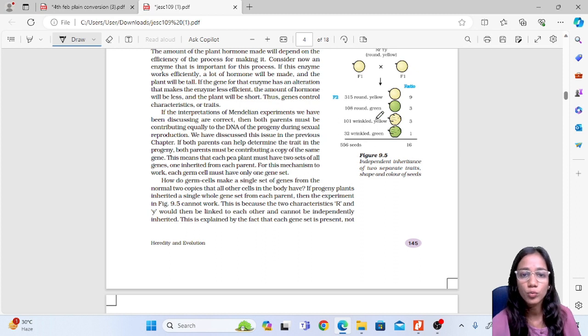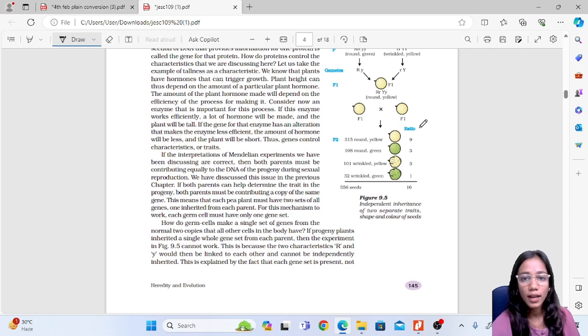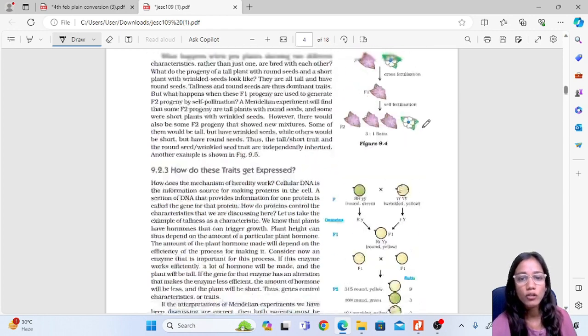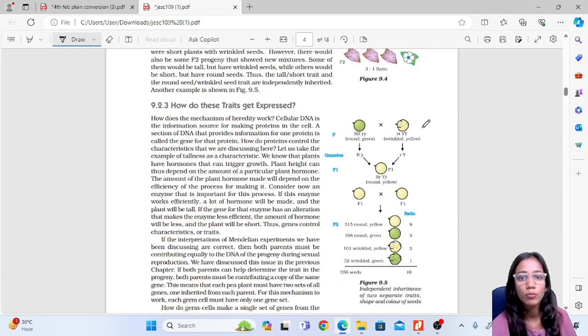Only 1 was with both the recessive characters, and the 9 were both with dominant characters, and these 2 were intermediate. So this showed that the dihybrid cross also worked the same way as the monohybrid cross. It also followed the same principle.